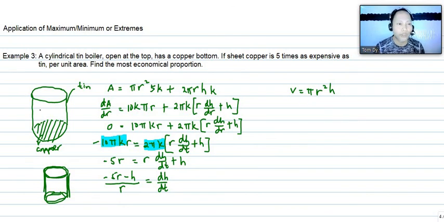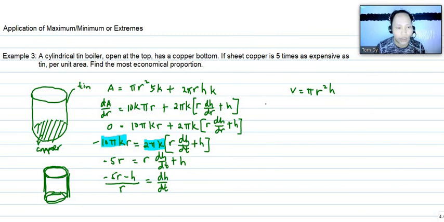Okay, the volume of this total cylindrical tin boiler. Okay, we will compute the volume. So we will no longer use the cost, because we already used the cost in solving the area. This time we solve for the total volume of this whole cylinder.